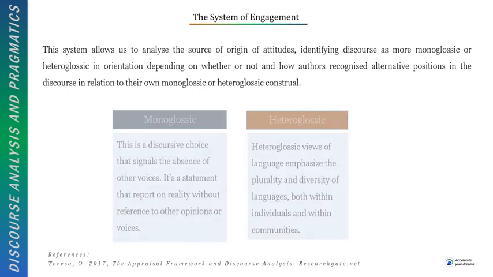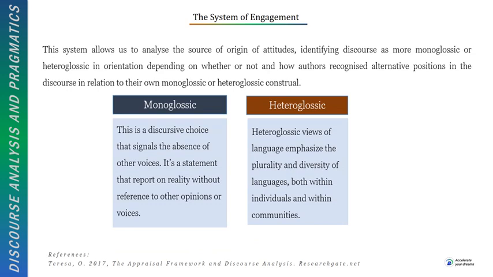The monoglossic construct is a discursive choice that signals the absence of other voices. It's a statement that reports on reality without reference to others' opinions or voices. Now, it has to do with a single view, the view of a single person, your own view. That's what we know as the monoglossic.